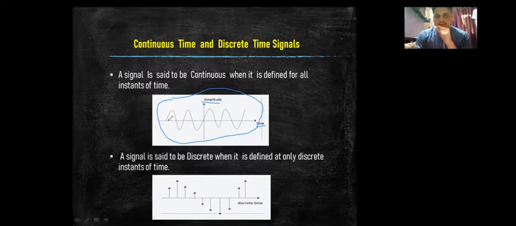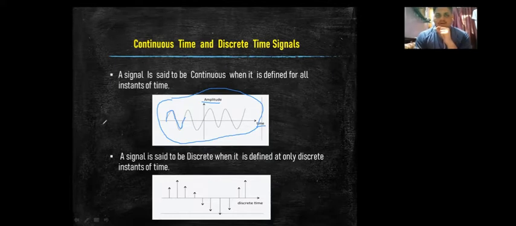At every instance of time on the x-axis, the value of amplitude is defined. Hence, we are getting this continuous nature of wave, which is nothing but a continuous time signal.